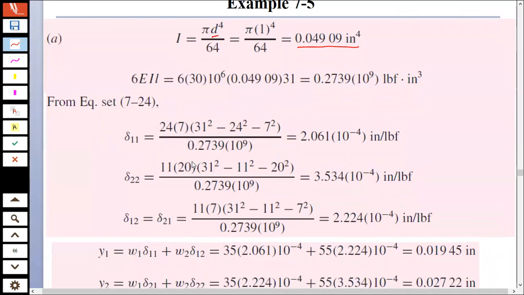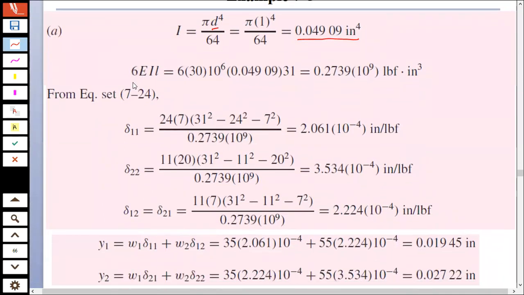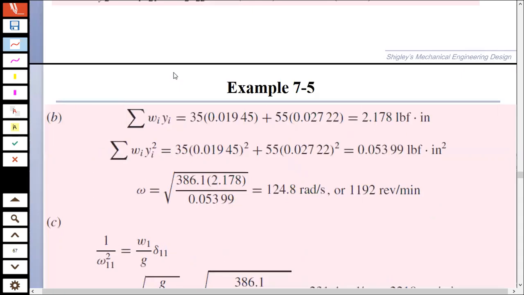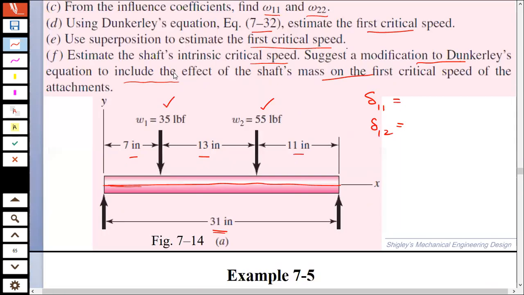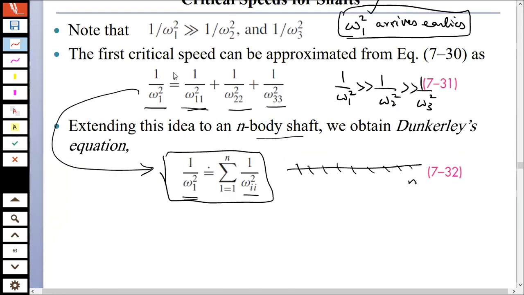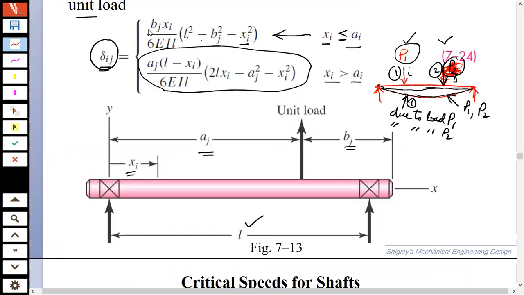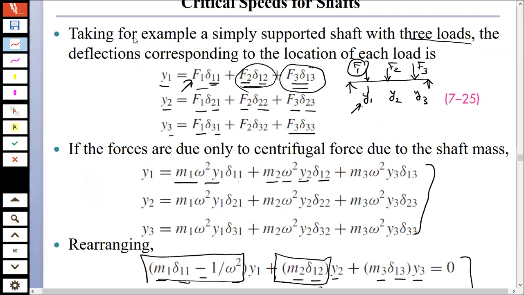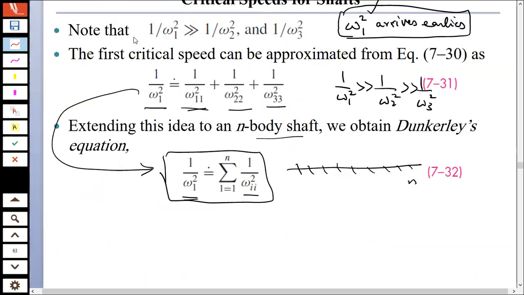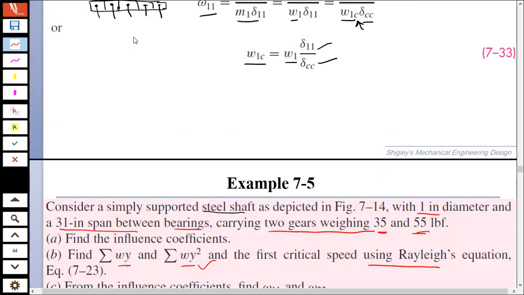Go ahead and find your 6EI over L, because we are going to use this equation, which was for delta II, and let me use this one. So that's why we want to find out this 6EI over L. So we can find our delta 1 1 and delta 2 2 from that.